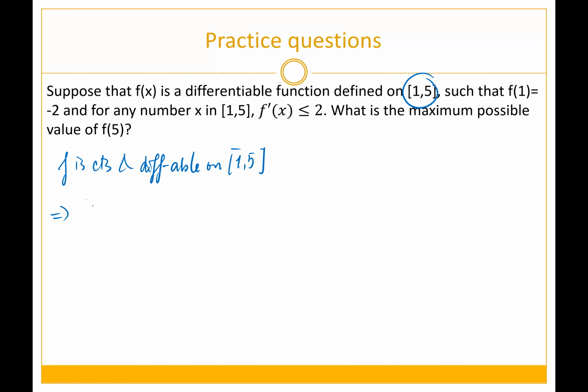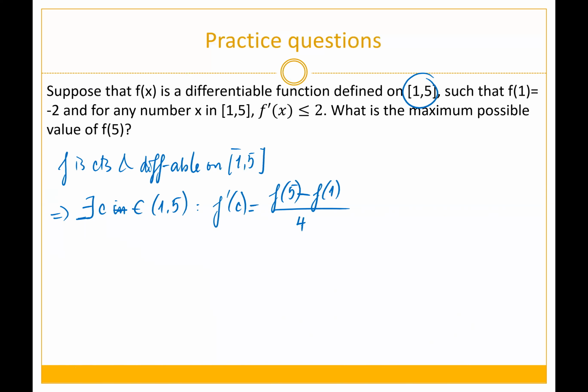Then there exists at least one value c in (1, 5) such that f prime of c is equal to f(5) minus f(1) divided by 4.